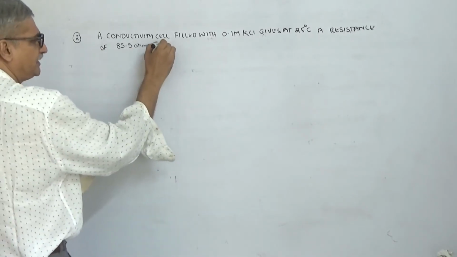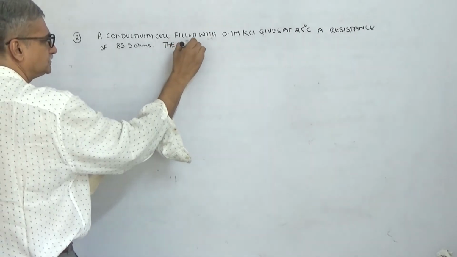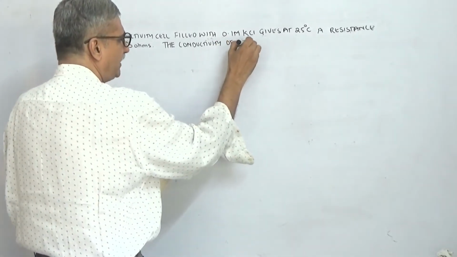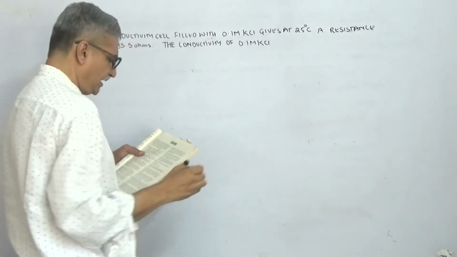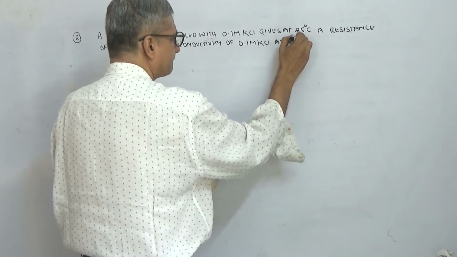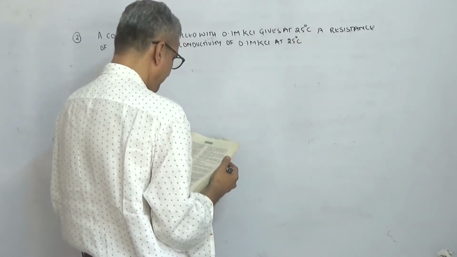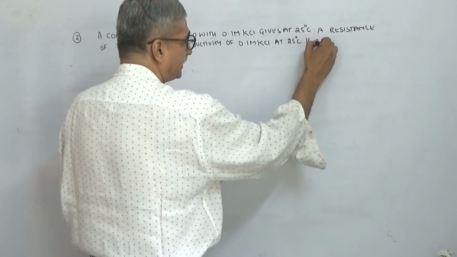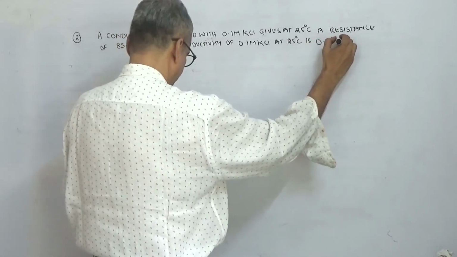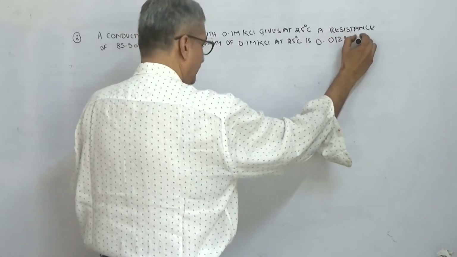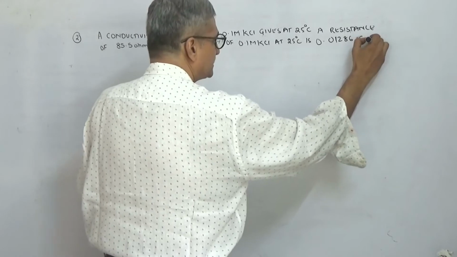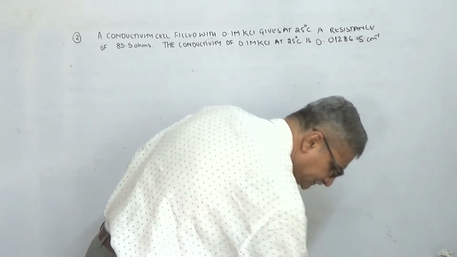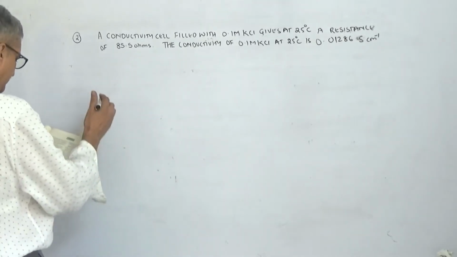The conductivity of 0.1 molar KCl at 25 degrees centigrade is 0.011286 Siemen per centimeter. The unit is always Siemen per centimeter.